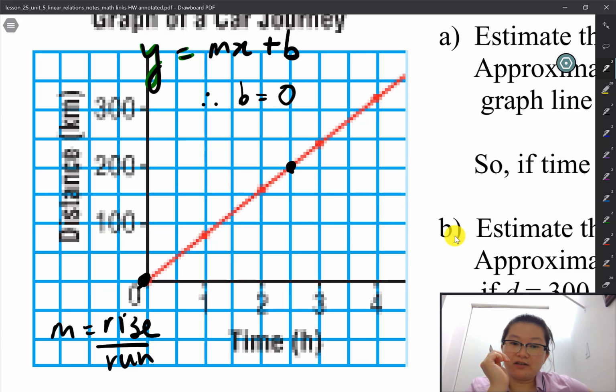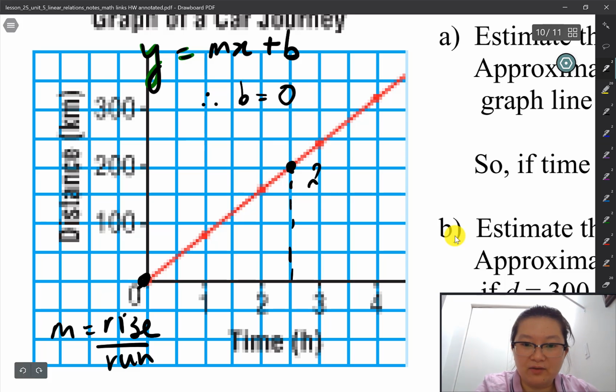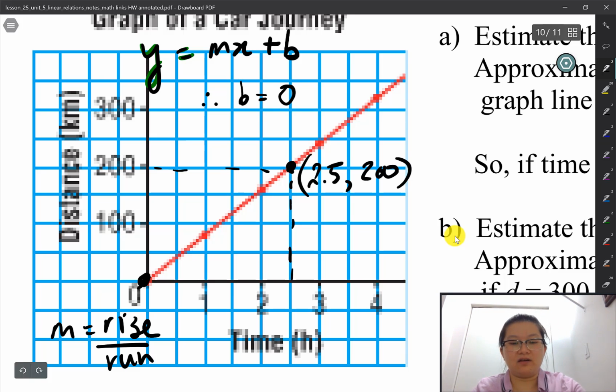If I read it on the graph, this is 2.5 hours for my x, and if I move along, this is 200 kilometers. So these are my coordinates here, which is easy for me to calculate the slope. This one is just 0, 0, because that's the origin.